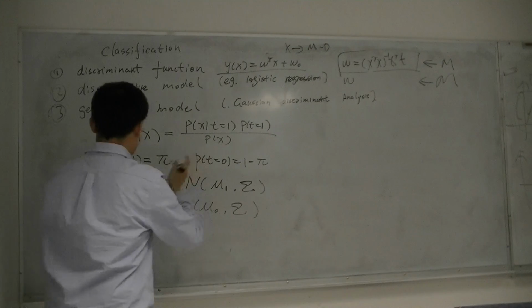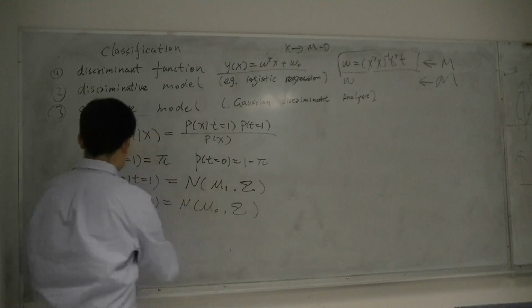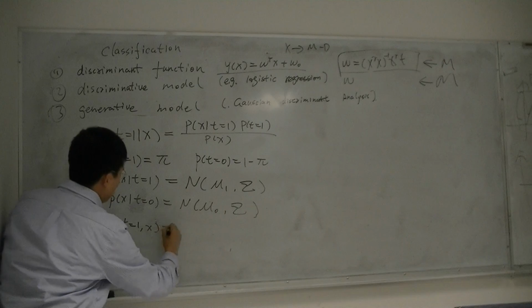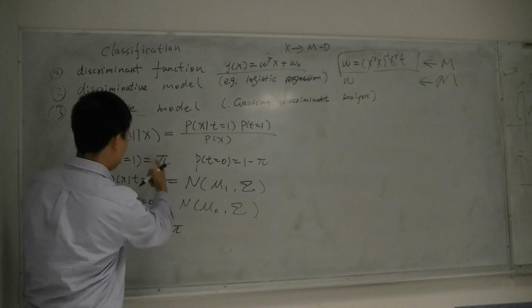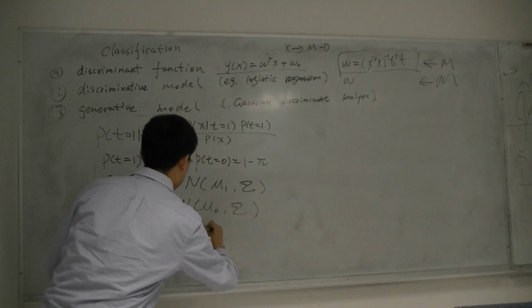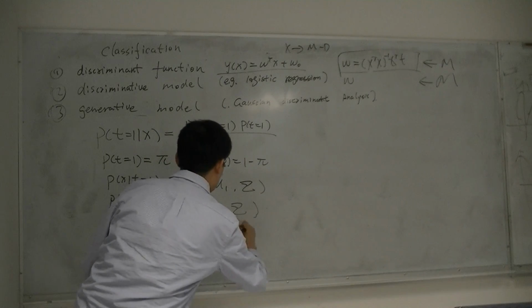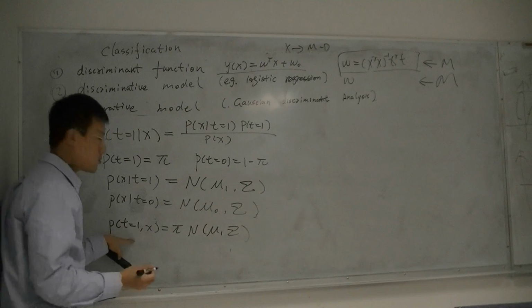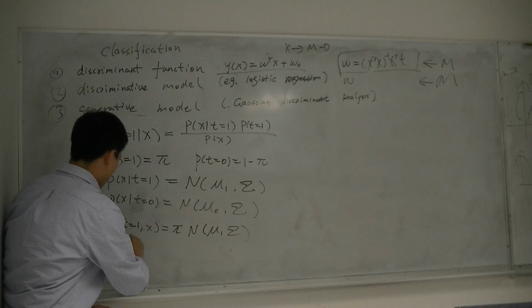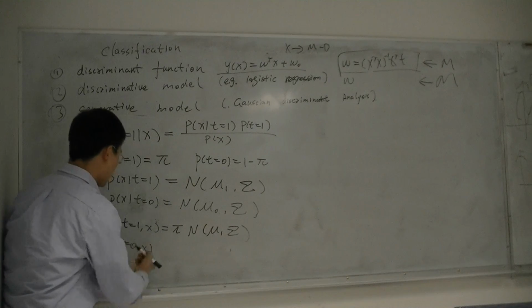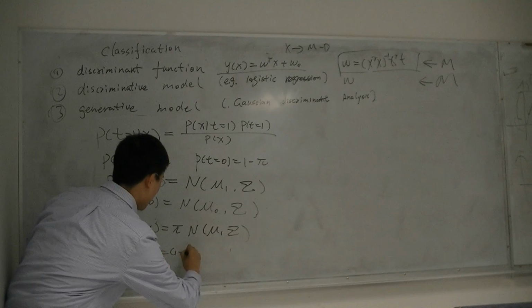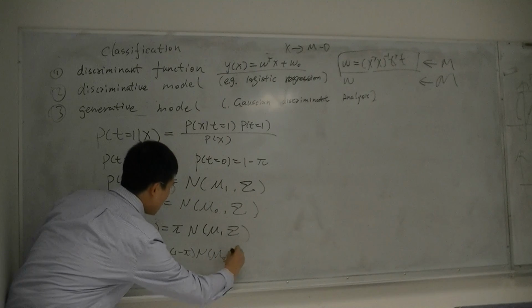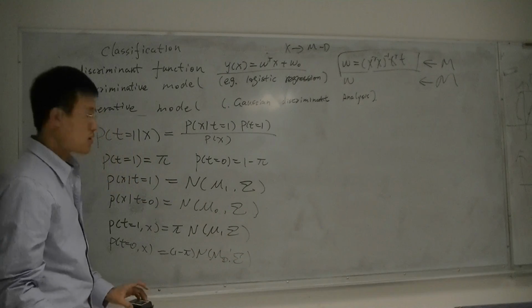So let's first write down the joint distribution: for t equal to 1, p(t=1, x) is equal to pi times the Gaussian distribution with mu1 and the covariance matrix. And the joint distribution of t equal to 0 is 1 minus pi times the Gaussian distribution with mu0 and the covariance matrix.